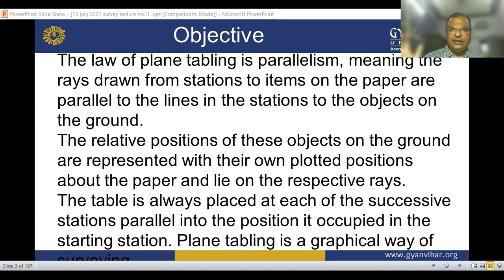The law of plane tabling is parallelism, meaning the rays drawn from the station to the objects on the paper are parallel to the lines from the station to the objects on the ground.